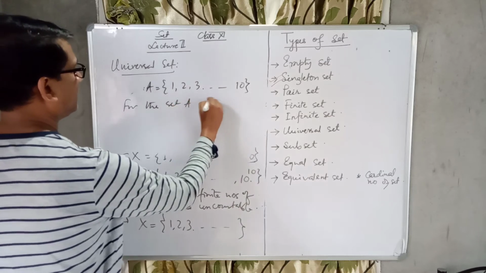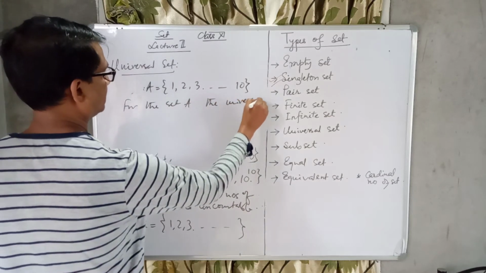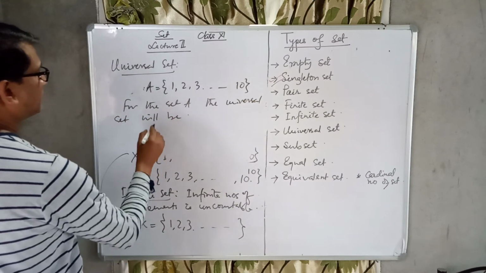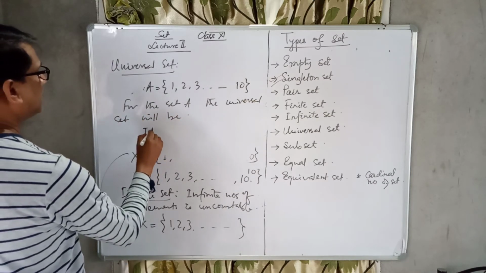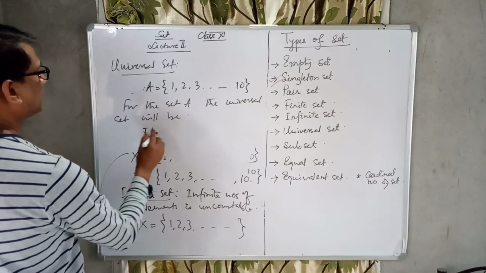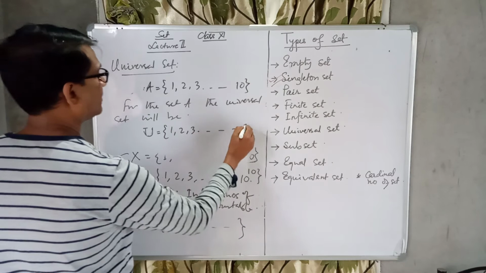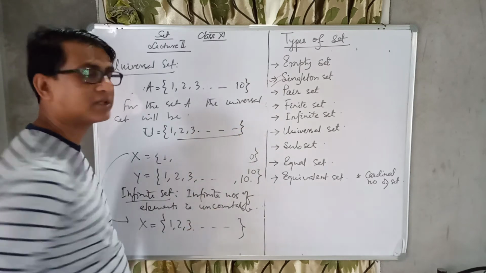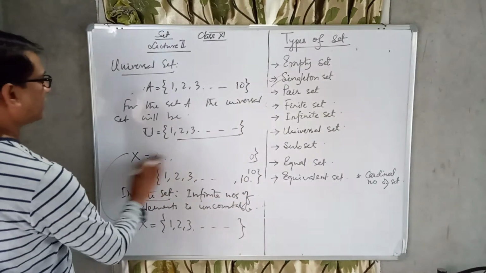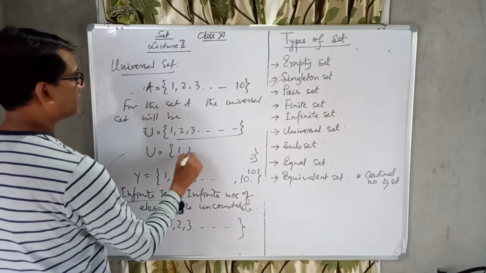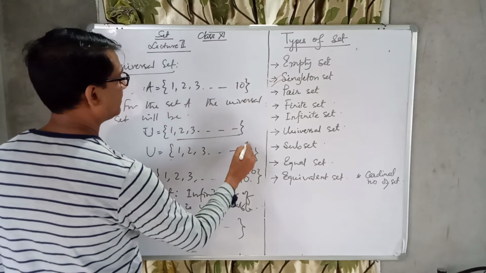Generally we denote it by U. We can take the whole set of natural numbers 1, 2, 3 and so on. Someone may also write 1, 2, 3 up to 11 for this set.